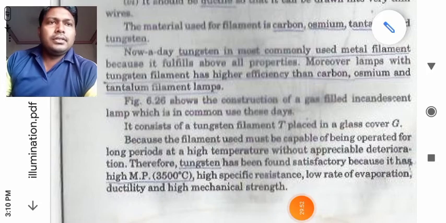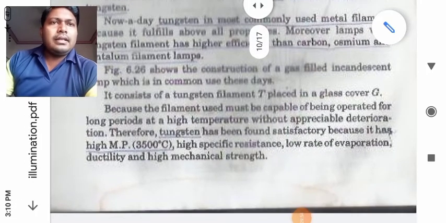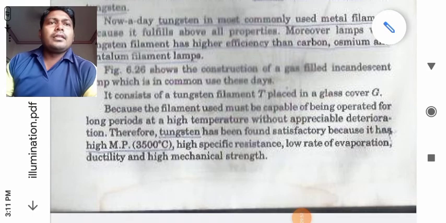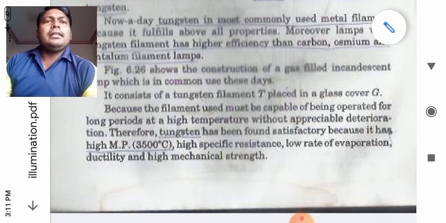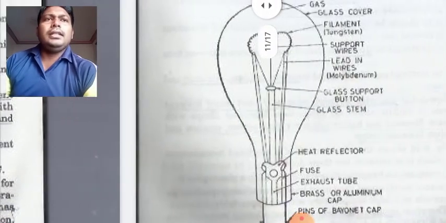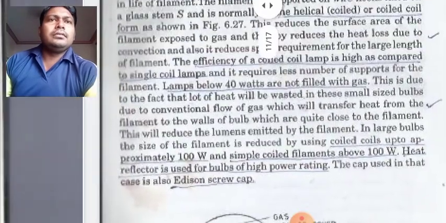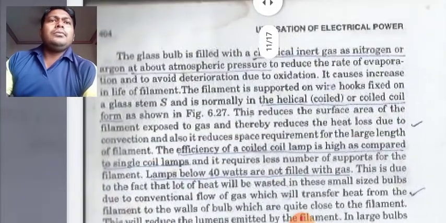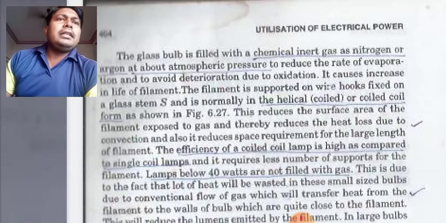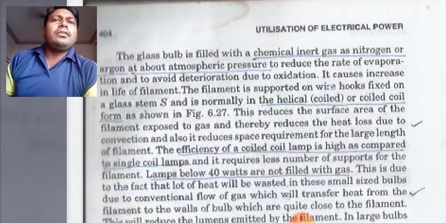It also has high specific resistance, low rate of evaporation, ductility and high mechanical strength. So it has good ductility, and it also shows high mechanical strength. Now, the glass bulb is filled with a chemically inert gas such as nitrogen or argon.